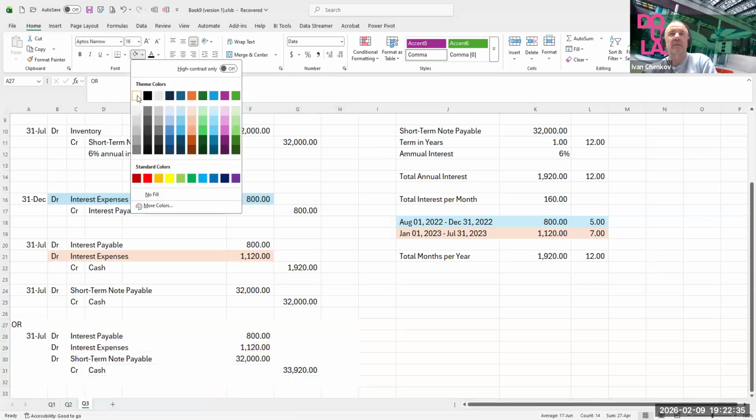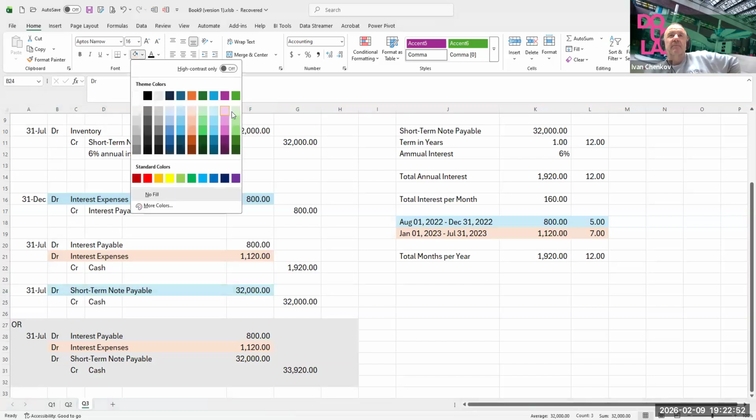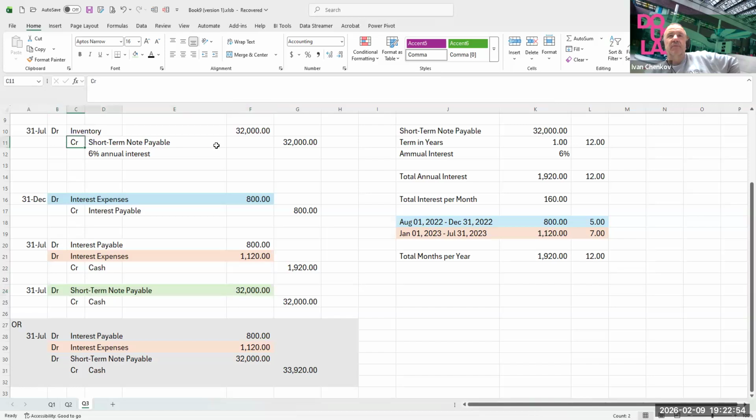Now I want to highlight it. I still want to highlight this one different color so you can understand that this is the interest expense. And this is the short-term note payable that we're paying, from the very beginning when we created it.